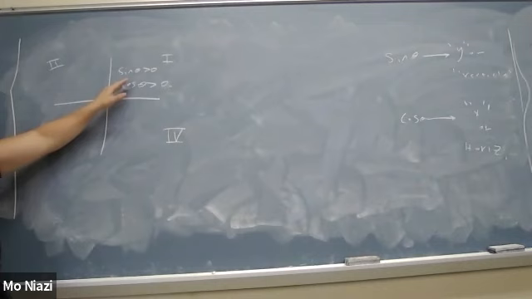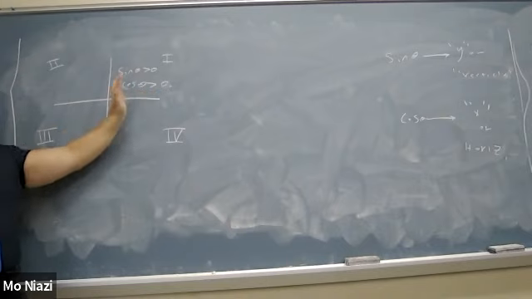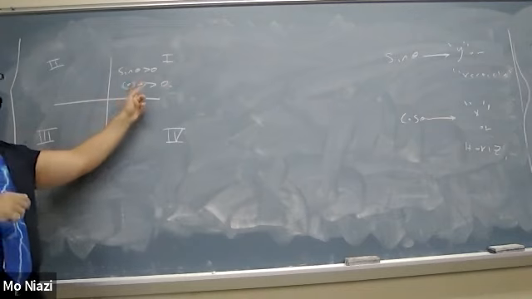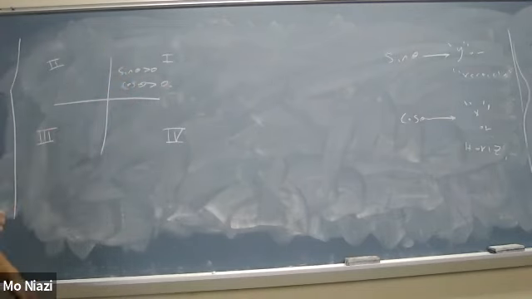At any point in quadrant 1, my horizontal values are positive because this is to the right of the origin. And my vertical values are positive because this is above the origin. So sine and cosine are mutually positive in quadrant 1.